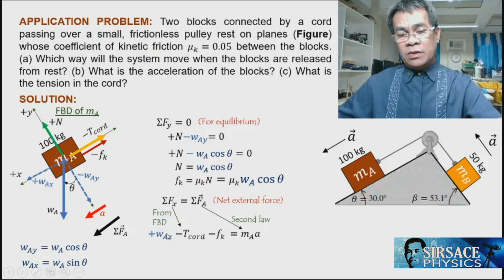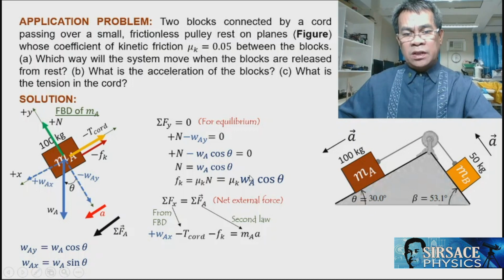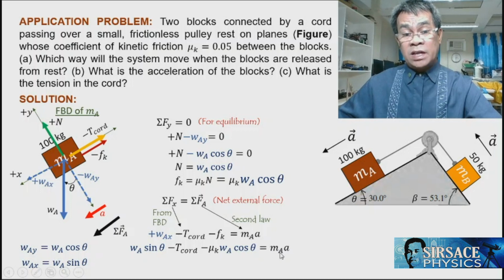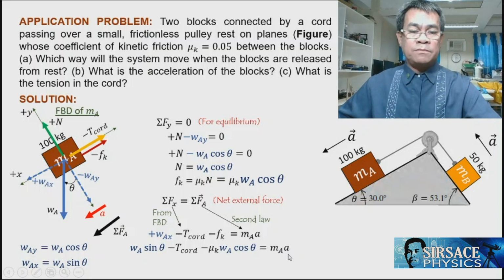But we can replace Wx. Remember, WAX is W sine theta, while friction is mu k WA cosine theta. So we can replace those values. We come up with WA sine theta minus T cord minus mu k WA cosine theta equals the mass times the acceleration.